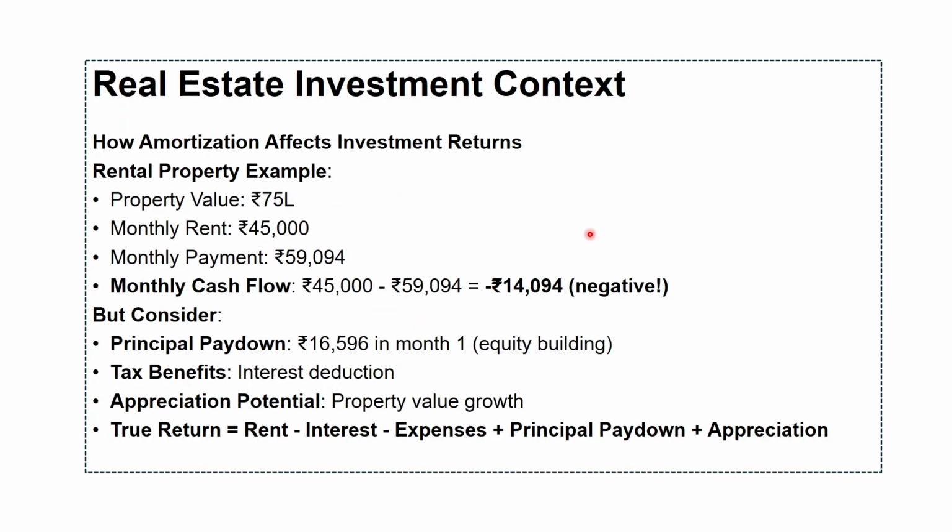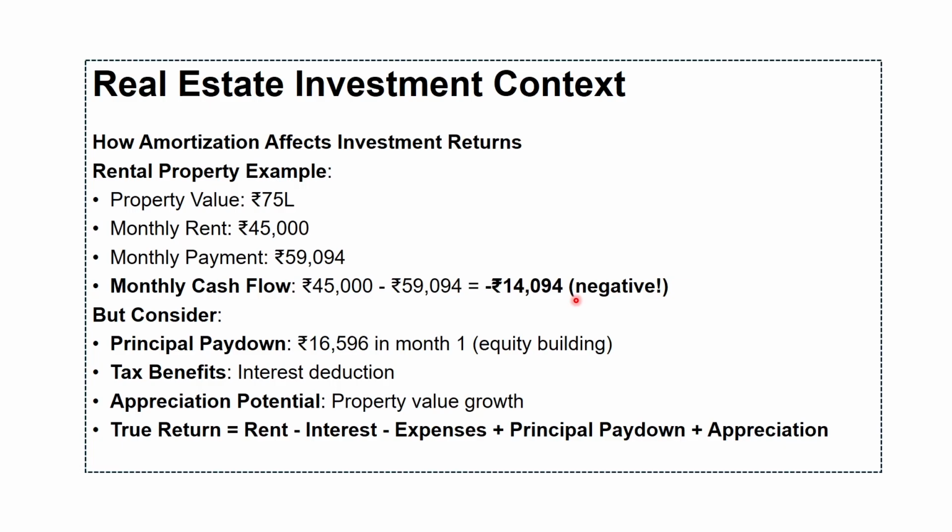Then we move to real estate investment context. How do amortization and calculations impact investment? Consider a 75 lakh Bangalore rental property with 45,000 monthly rent and around 59,000 payment, yielding a negative cash flow of around 14,000 rupees.